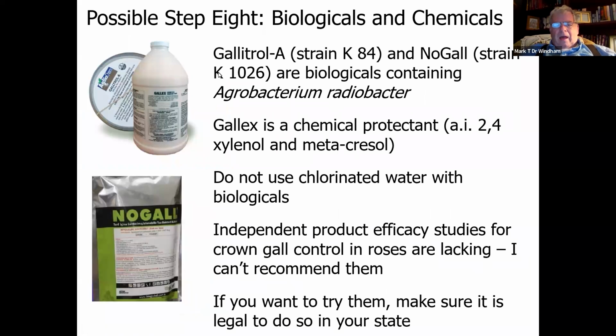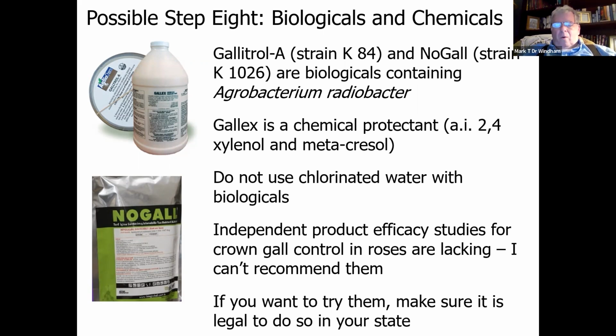All right, now I get asked a lot about biologicals, and there are a number of biologicals such as Galltrol, and there's one called Dygall. Galltrol A is strain K84 of Agrobacterium radiobacter. That's been around for a while. There is a newer strain, which is a transformed strain of K84.